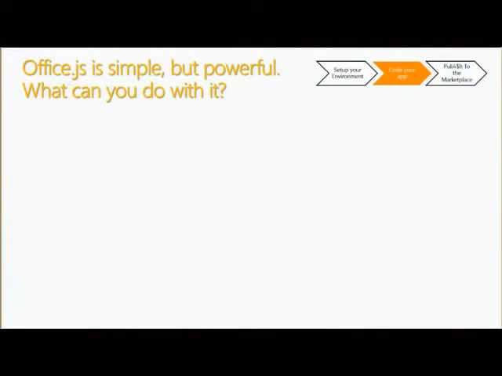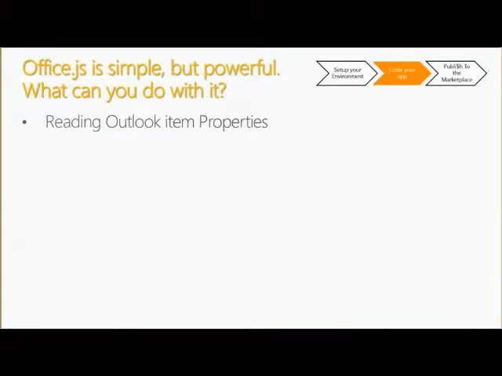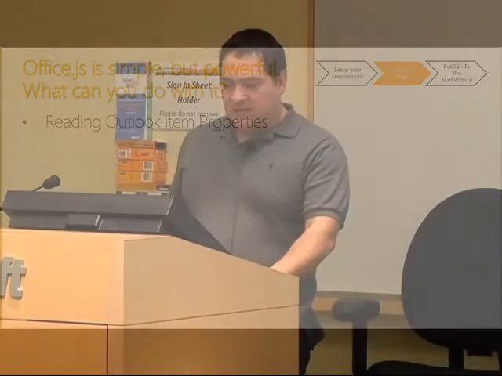Okay, so what are the types of things you can do with the API? For example, you can read Outlook item properties. So if your application, that type of application I didn't show you, let me show you really quickly a demo of a Mailbox application.